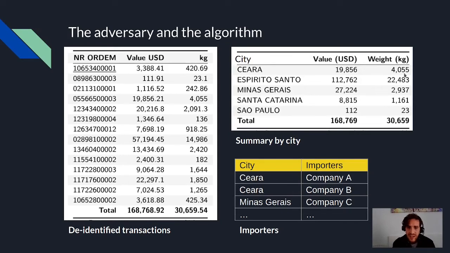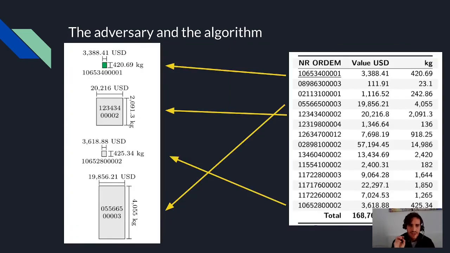So I can use these totals as restrictions to an integer linear optimization program to find which partitions produce the totals seen here. Let's just make this more graphical so we can visualize how this is done. I will represent the transactions as rectangles. Their width is proportional to their value, and their height is proportional to their weight.